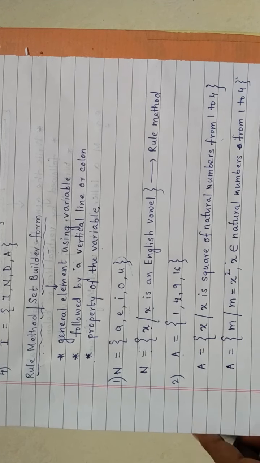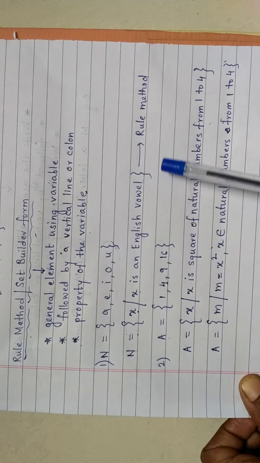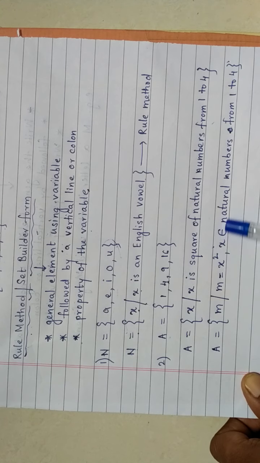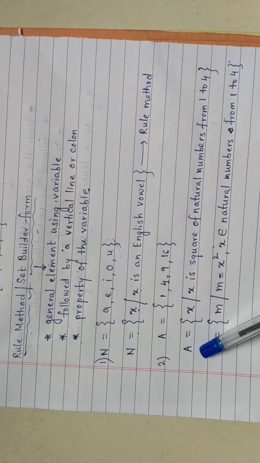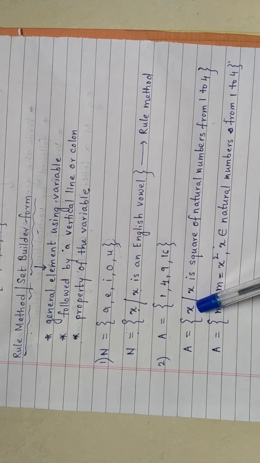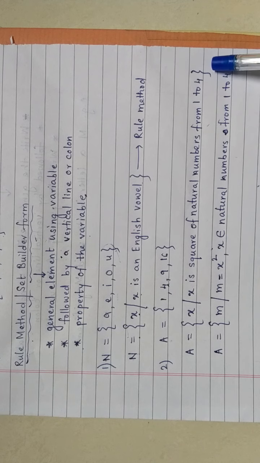So we can write the same set as we are using a rule. You have to clarify the rule here. So one way is: A is a set of all x such that x is a square of a natural number from 1 to 4.